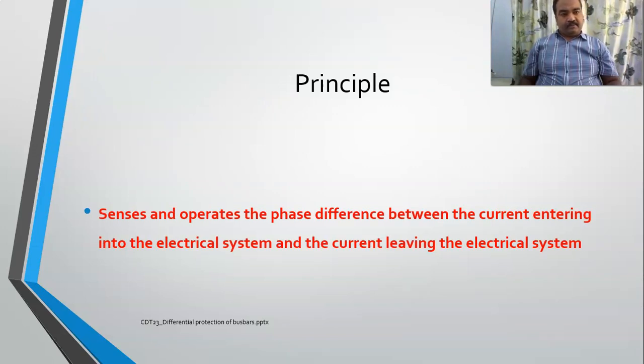A simple current differential relay senses and operates on the phase difference between the current entering the system and the current leaving the system. Now let us suppose there is a device here. This is the current entering, I input, and this is the current leaving.